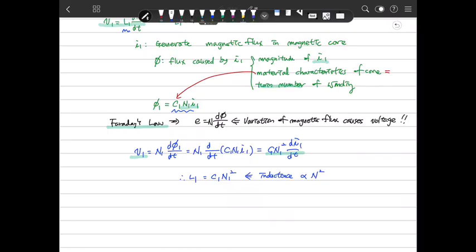This is very important, a characteristic of the real system. Similarly, we can assume L2 is C2 N2 squared.